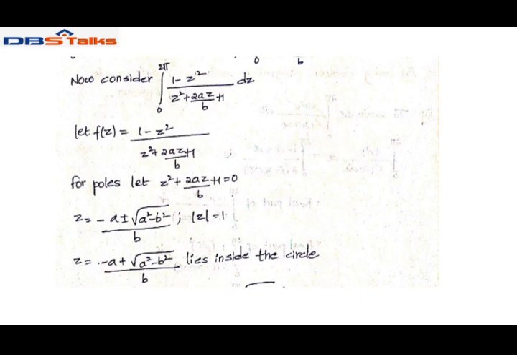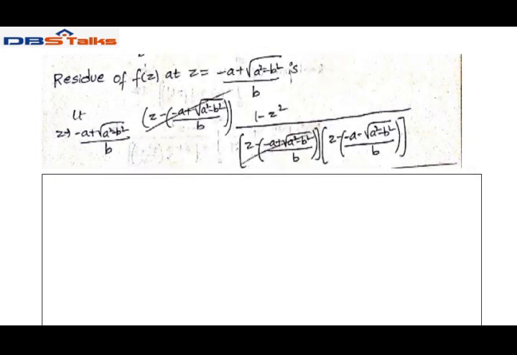To verify that the pole minus a plus root of a square minus b square by b is inside the circle, take an example: suppose a equal to 2 and b equal to 1. So we find the residue of f of z at z equal to the pole inside, minus a plus root of a square minus b square by b.